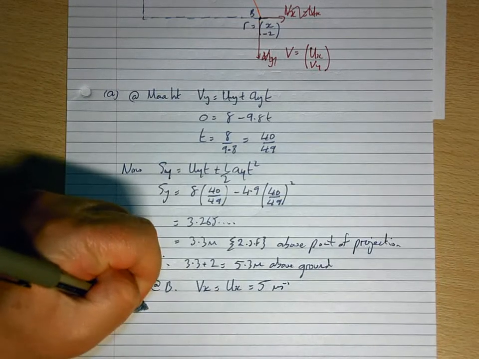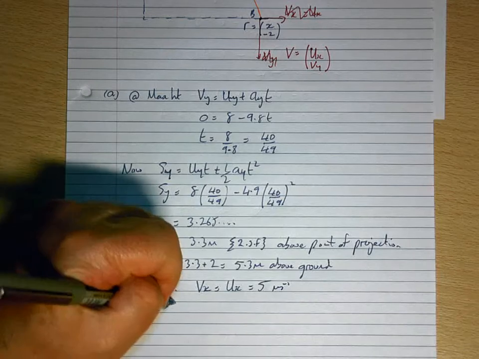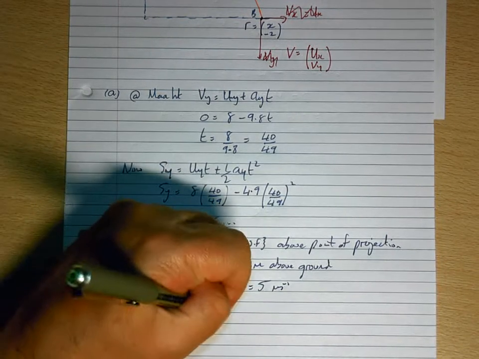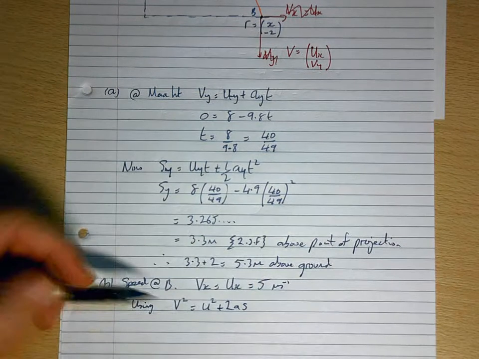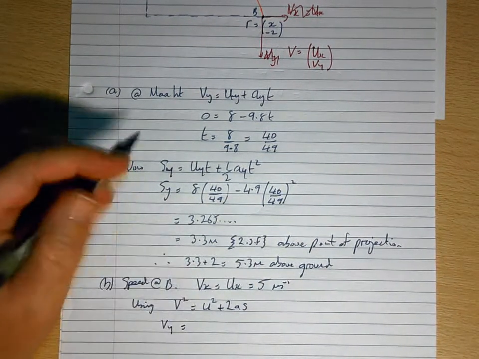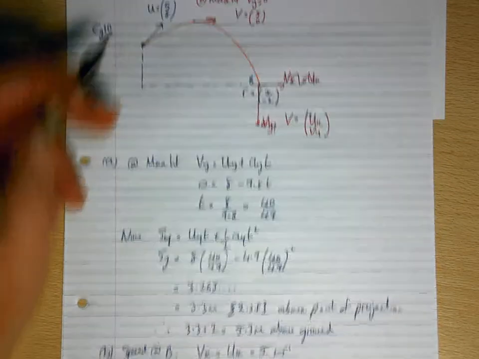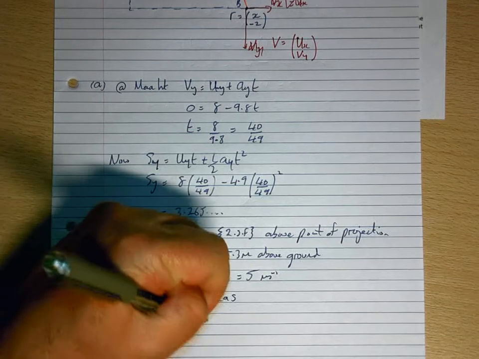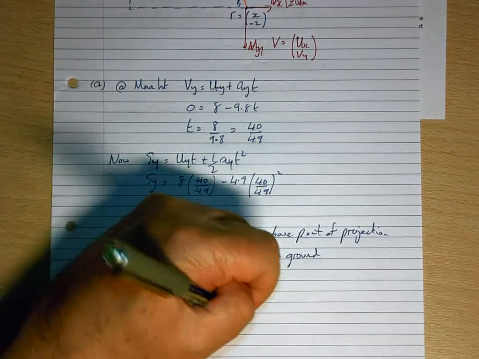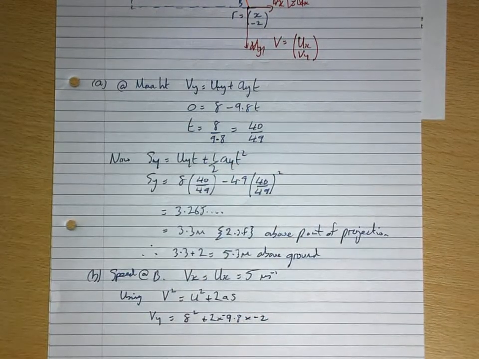Because I don't know t, I use this one, v squared equals u squared plus 2as. Vy is what I'm trying to find. Uy is 8, plus 2 times minus 9.8 times s, which I know is minus 2.